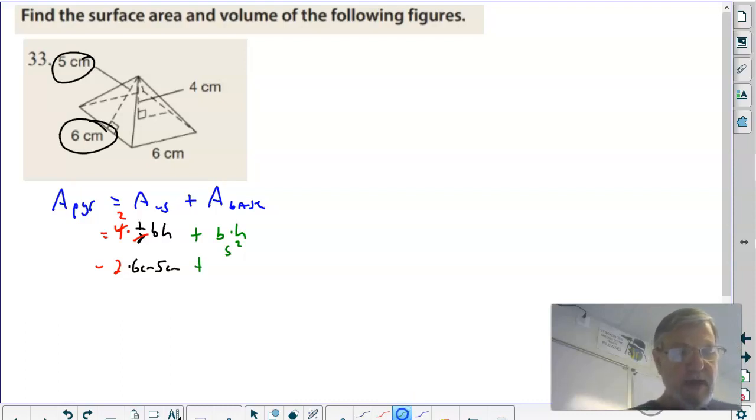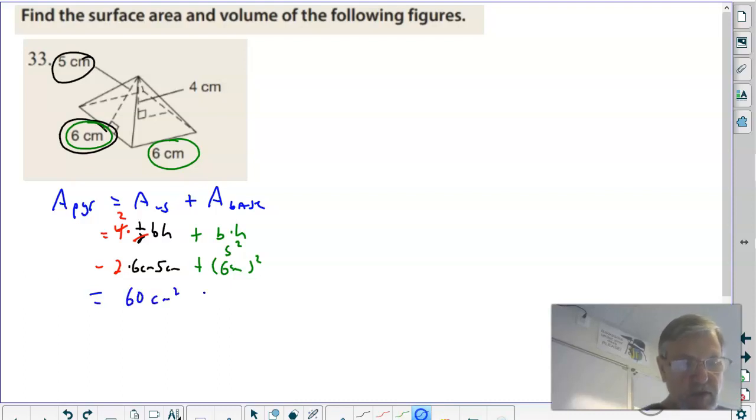And now area of the base is side squared, right? 6 centimeters squared, or 6 times 6. Okay, so the lateral surface is 30 times 2, which is 60 centimeters squared, plus 36 centimeters squared, and this should be 96 centimeters squared, and that is indeed our surface area, 96 centimeters squared.